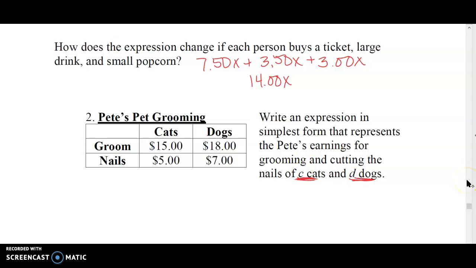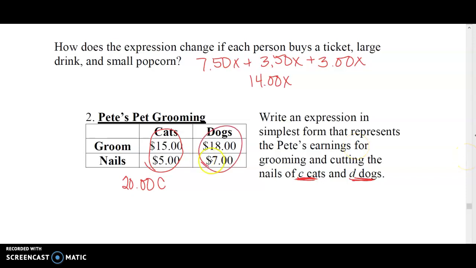It says write an expression in simplest form that represents his earnings. Well, it's $15 for a groom and $5 for every set of nails. So for each cat, if they get groomed and nails done, it's 15 and 5, which makes $20 times however many cats there are. Then he also does dogs.